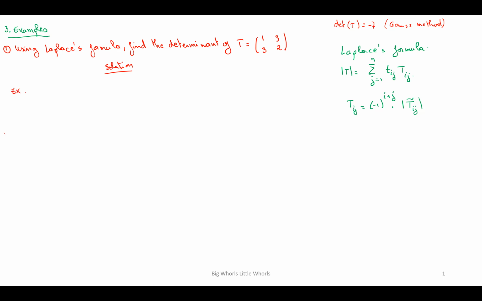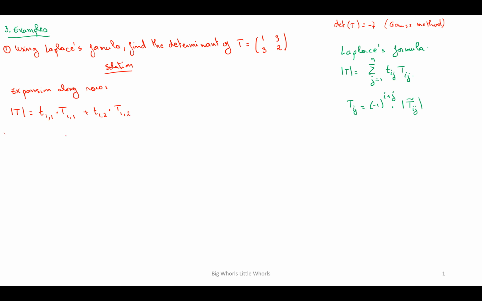So the determinant of T is going to be equal to, since we have 2 columns, T11 multiplied by the cofactor 11, plus T12 multiplied by the cofactor 12, because j is going from 1 to 2, column 1, column 2.